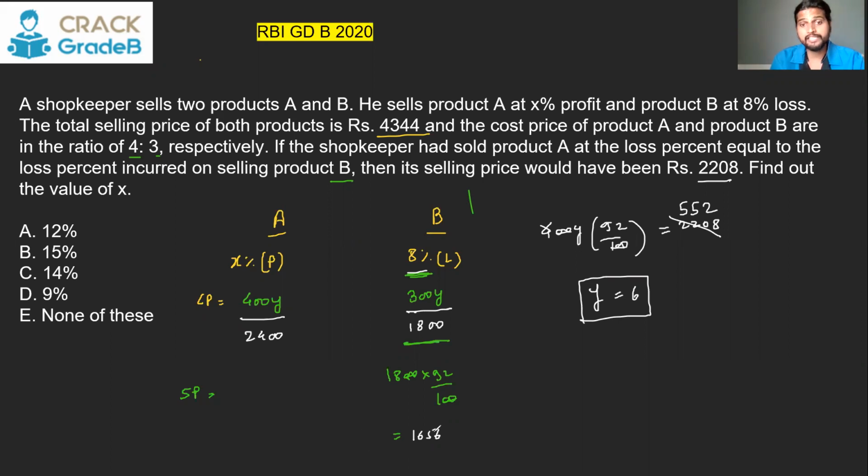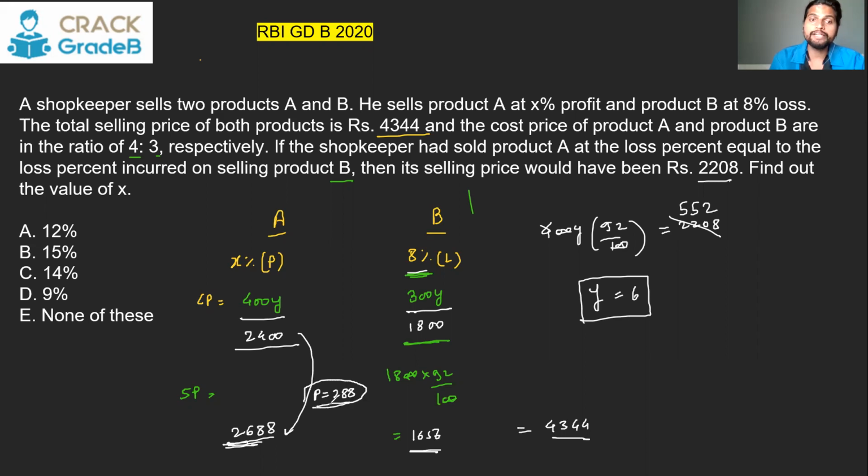So if selling price of the second article is 1656 and together the selling price is 4344, so you can calculate the selling price of first article. This minus this is going to be the selling price of first article, and that is going to be 2688.